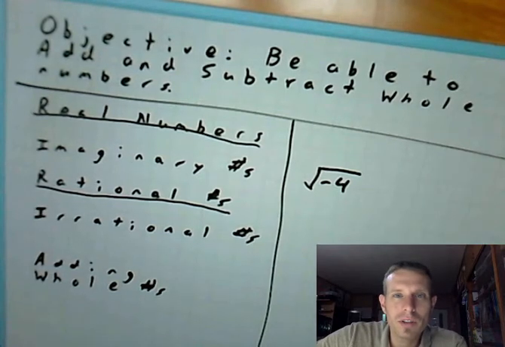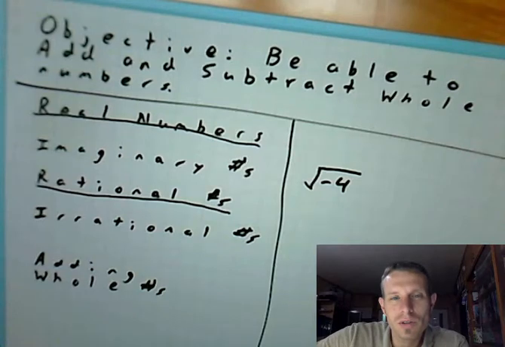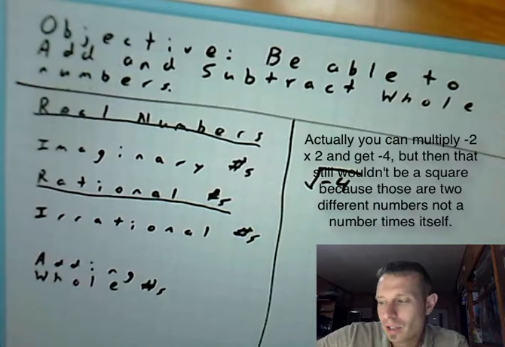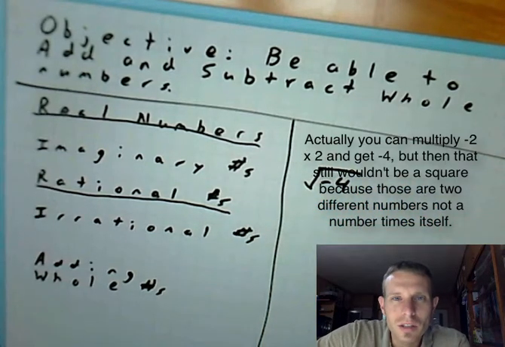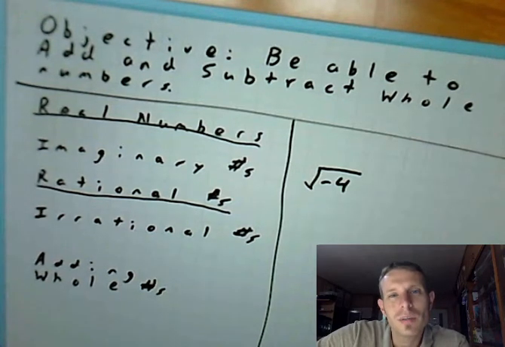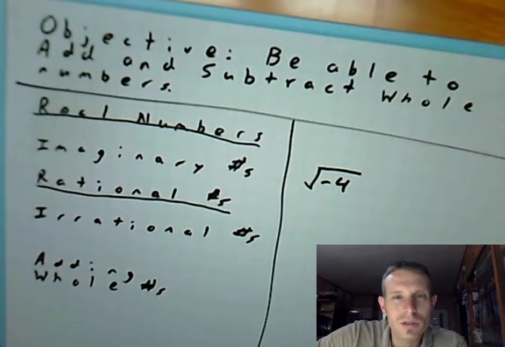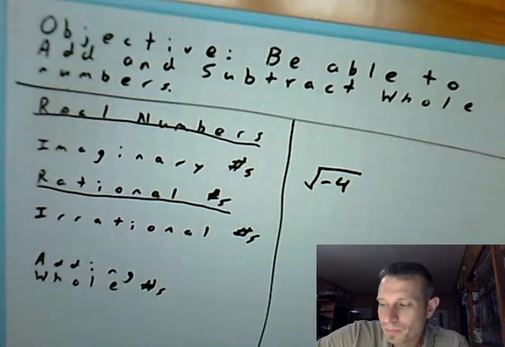Also, if you haven't studied this already, when you multiply negative 2 times negative 2, that also gives you a positive 4. So there are no two numbers that you can multiply together to get a negative. Real numbers include all numbers except for the imaginary numbers, which would be the square root of a negative number. I think that would be a fine definition. If you wanted to include in real numbers fractions, decimals, and integers, that would be fine as well.